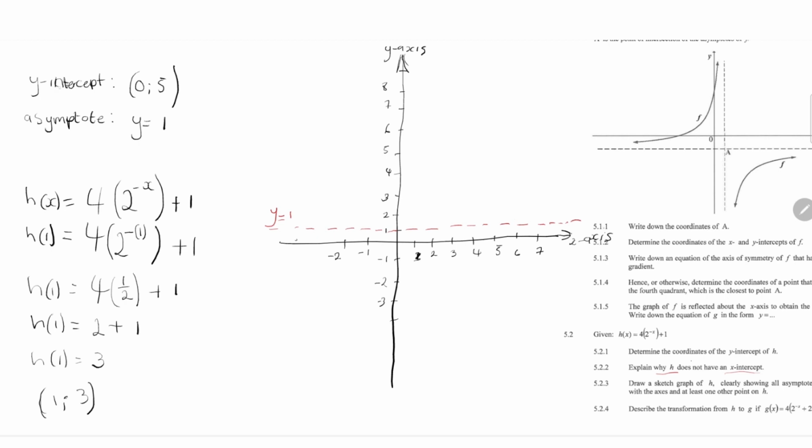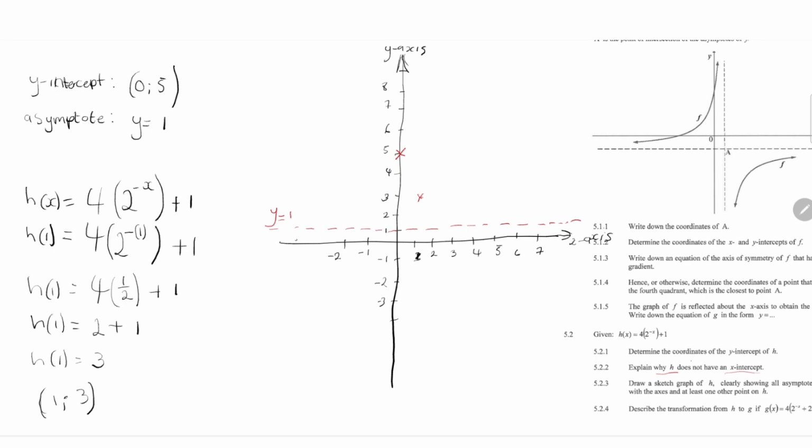Also, we have a y-intercept at (0, 5). So that's where our y-intercept is. And we have this other point on the graph of h, which is (1, 3). So we have 1 over here and 3, which means it's over here.